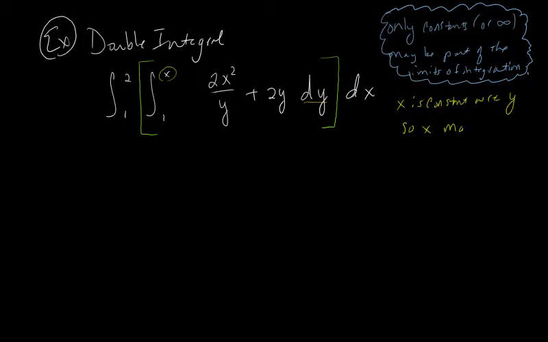So x may be in the bounds of integration if we are integrating with respect to y. And vice versa, if we're integrating with respect to x, y can be in those bounds of integration.